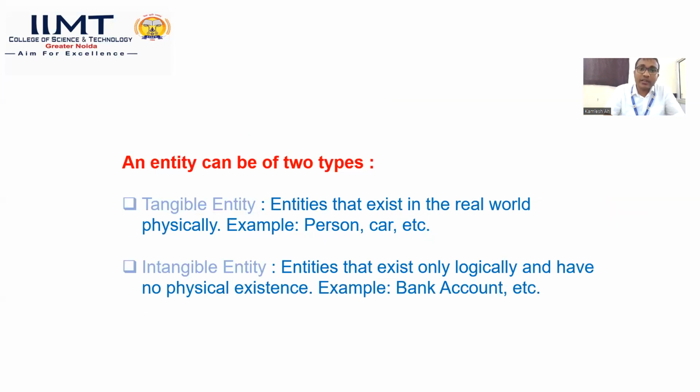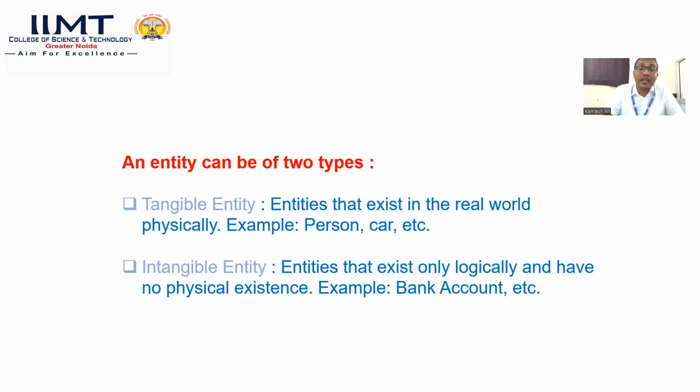An entity can be of two types: tangible entity or intangible entity. Entities that exist physically in the real world are called tangible entities, for example person, car, etc. An intangible entity exists only logically and has no physical existence.